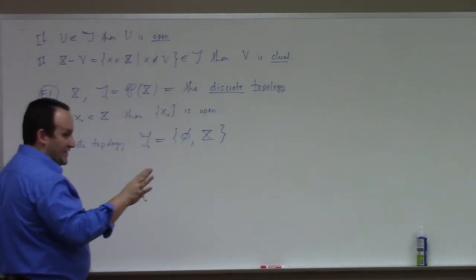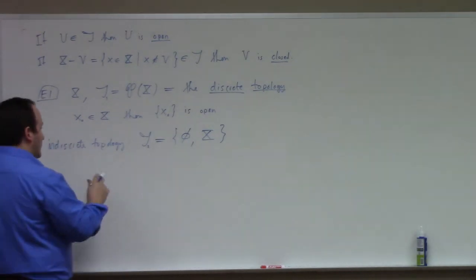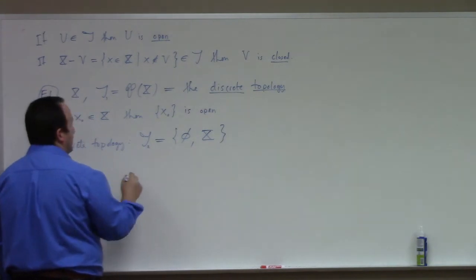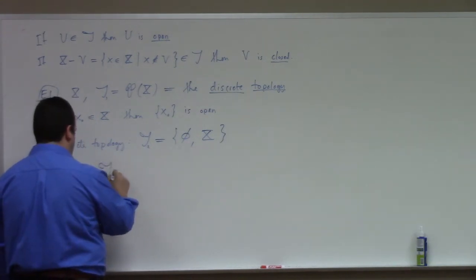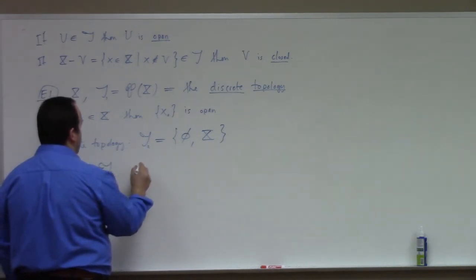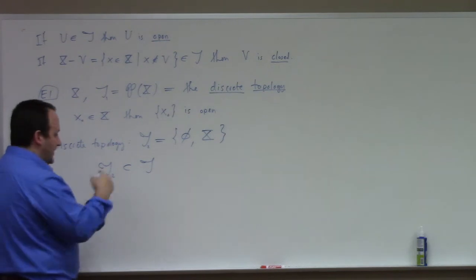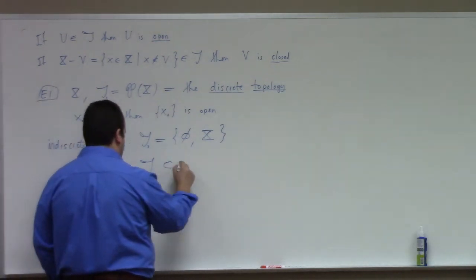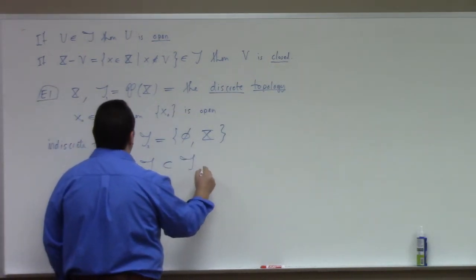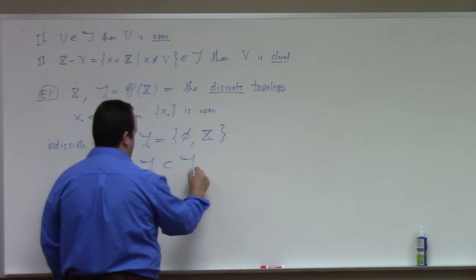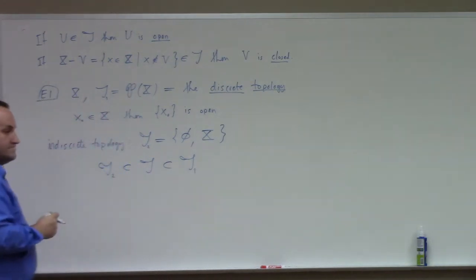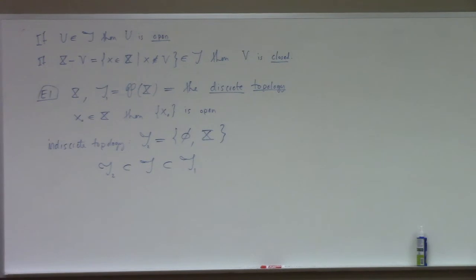These are kind of extremes, right? If you were to rank them, what would you have? You'd have tau 2 is a subset of any other topology you can imagine. And any other topology you can imagine would naturally be a subset of what? This T1, right? So these are extreme examples of openness or not openness.